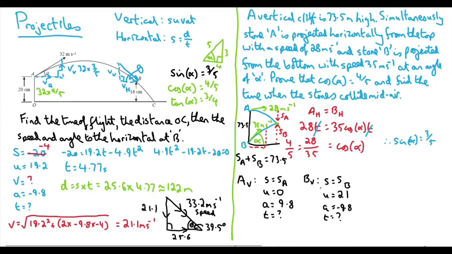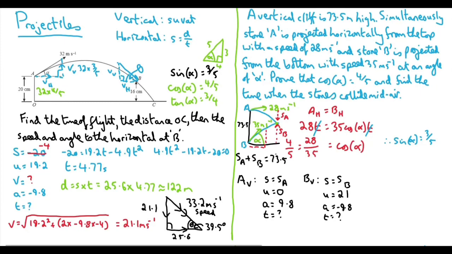Therefore, what we can do is replace this SA and SB with UT plus half AT squared expressions. In regards to A's expression, the UT is not going to be anything because it's times by 0, but then the half AT squared is going to end up being 4.9 T squared, and added to that is the equivalent expression from B, which will be 21T minus 4.9 T squared this time, and that together will equal the 73.5.